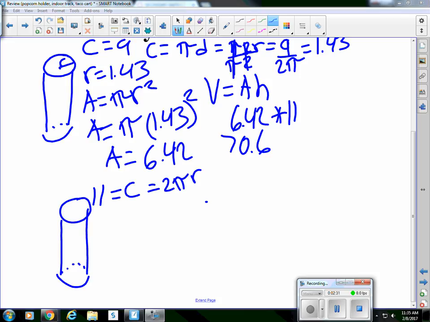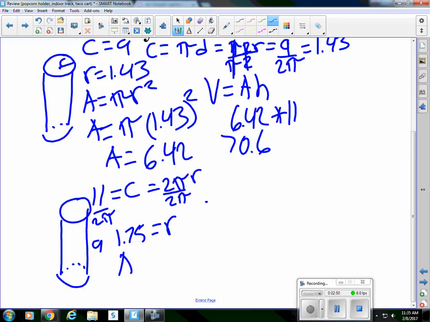So let's do it the other way. Okay, so if I roll it so that the circumference is 11 and the height is 9, then to find the radius, I divide by the 2 pi. 11 divided by 2 pi is 1.75. So the radius is 1.75, so the area of the circle on top is pi times 1.75 squared.